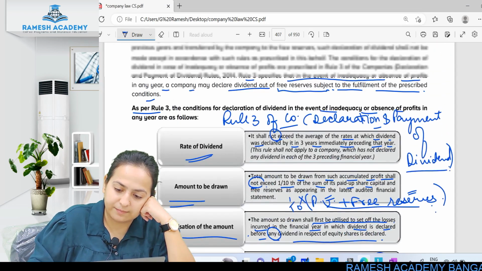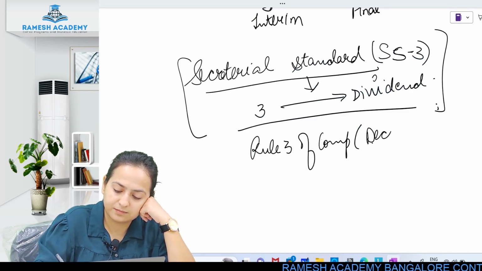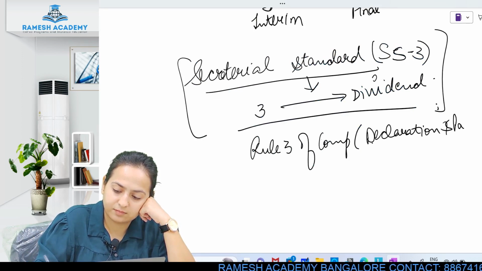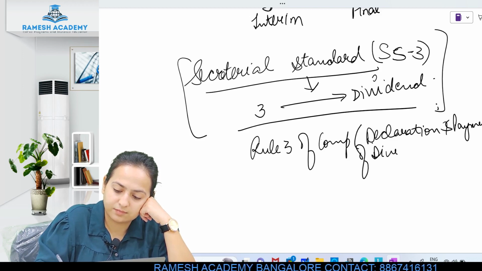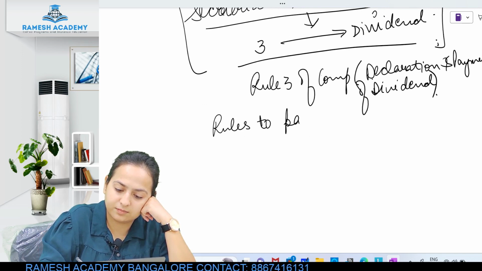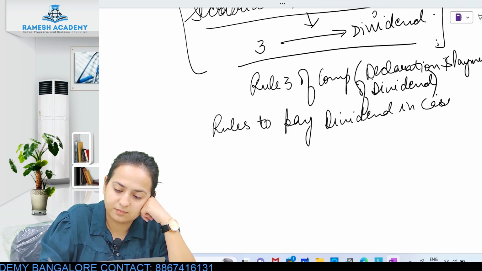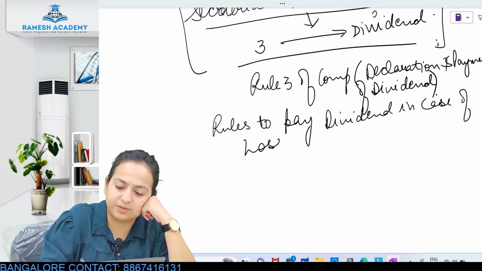Rule 3 of Companies (Declaration and Payment of Dividend) Rules. Rules to pay dividend in case of losses.